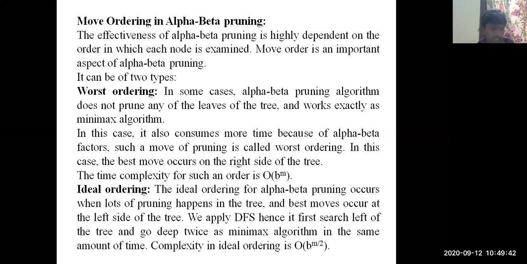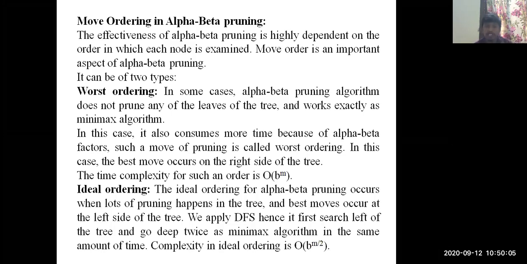Now let's see how alpha beta pruning is much more efficient than the min max algorithm. I will explain with respect to time complexities, that is, the ordering of moves. Move order is an important aspect of alpha beta pruning.